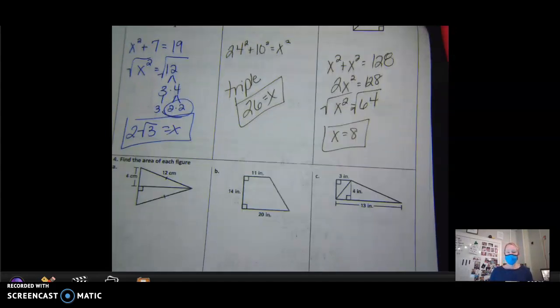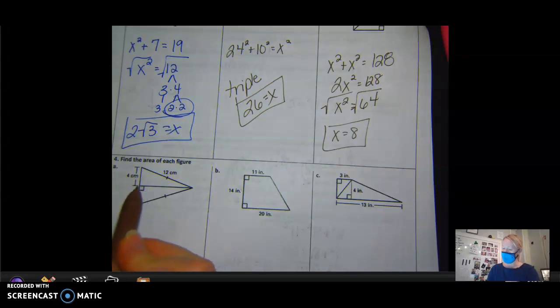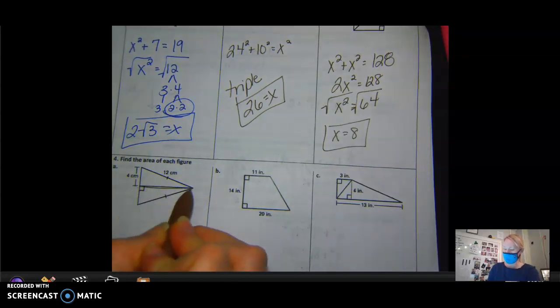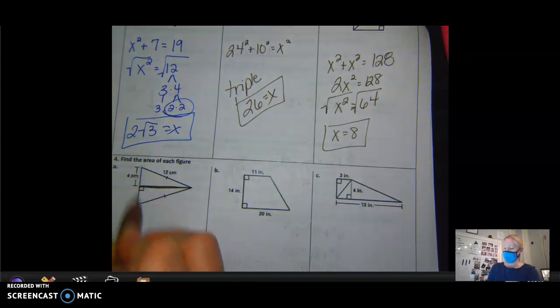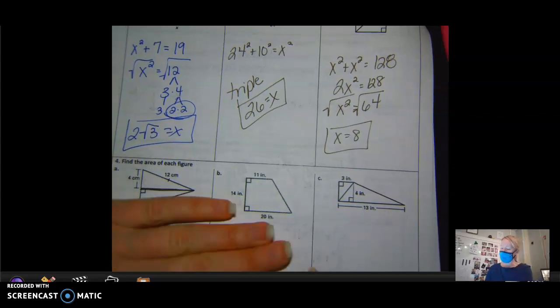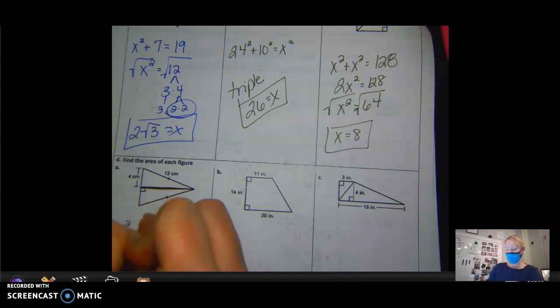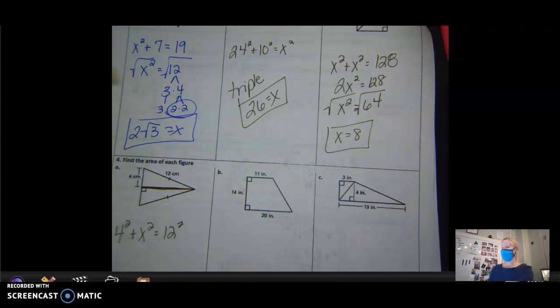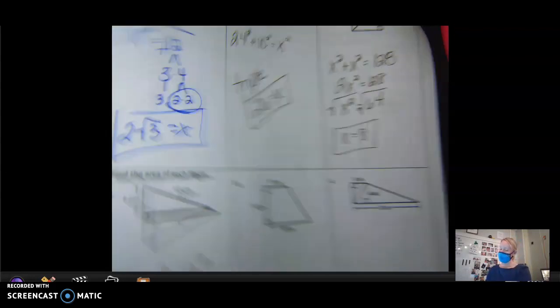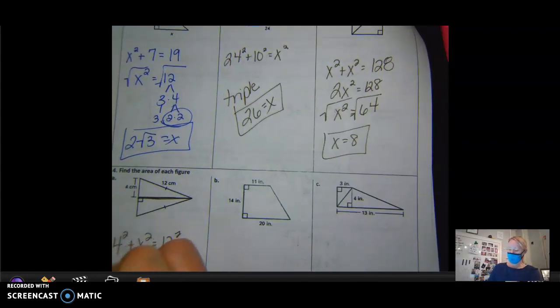Find the area of each figure. So we need to, on this one, we're going to have to find this height. And then we can do base times height divide by 2, right? So here is a right triangle with 4 squared plus x squared equals 12 squared. Four squared is 16 plus x squared equals 144.